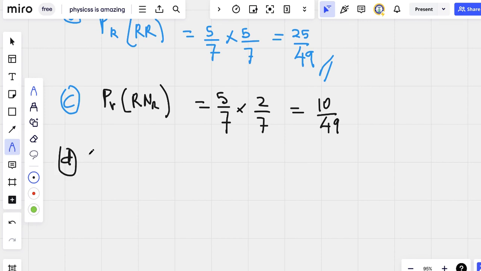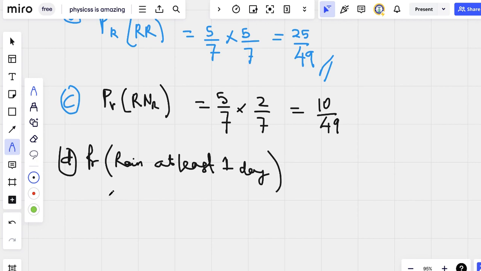Probability of rain on at least one day. Here we're going to include all those 3 possible outcomes. So we write it out.